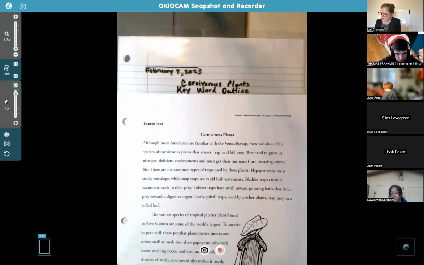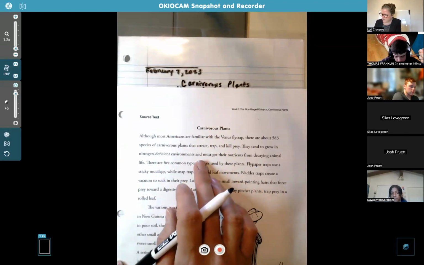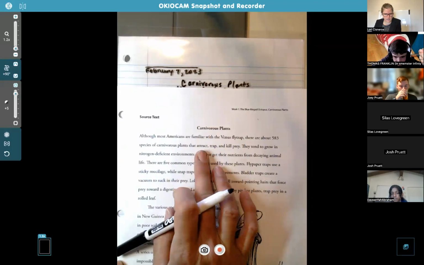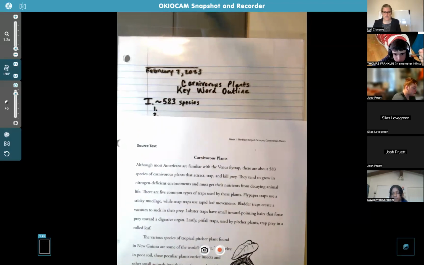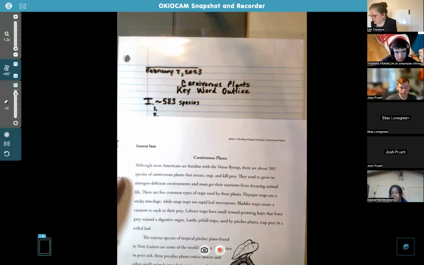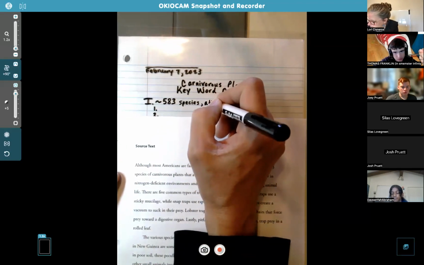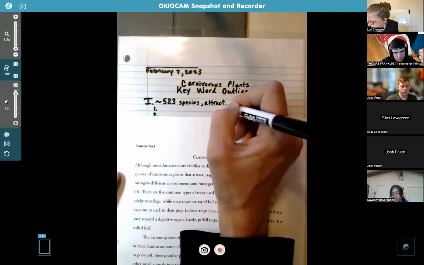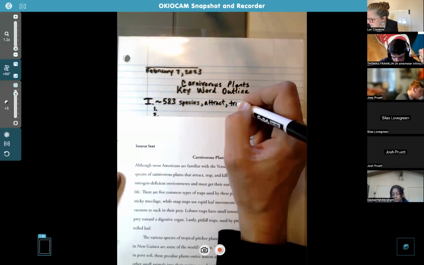And I do think that another key word that would be important to remember from that sentence is attract, because that is really what the plant does. It attracts its prey, right? And then they trap it. So I'm going to put attract, and I'm going to put trap.